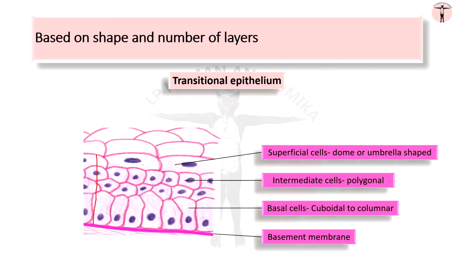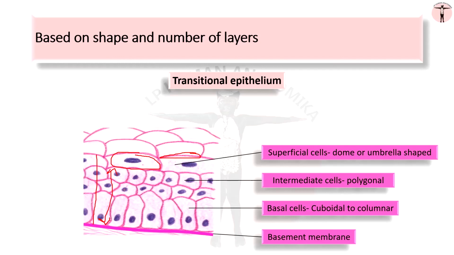The superficial cells, which are dome shaped or umbrella shaped and very large, become elongated and flattened. Because the superficial cells become flattened, it gives the appearance of 2 to 3 layers thick. So the thickness reduces, and the epithelium appears to be 2 or 3 layers thick.